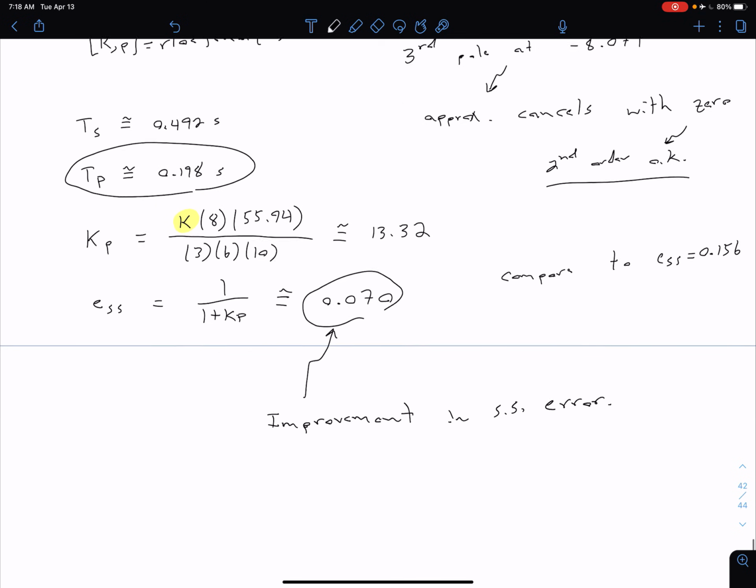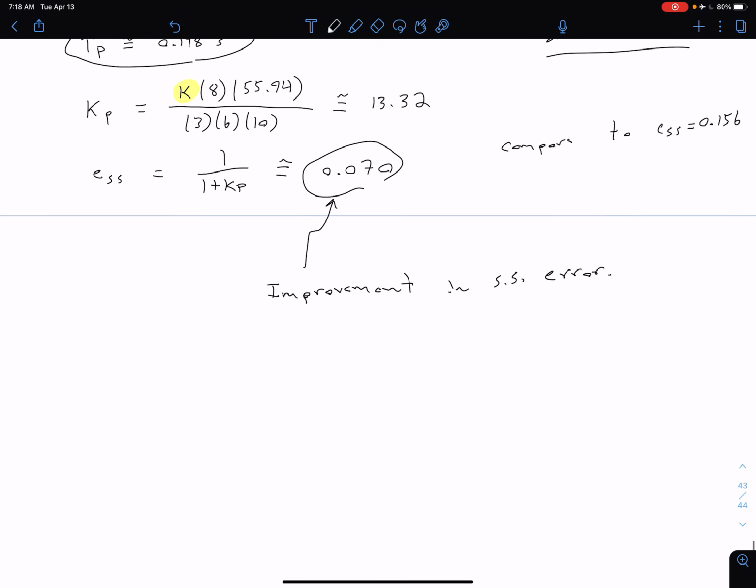So let's briefly talk about steps 3 and 4 to conclude this second video. Steps 3 and 4 in our general PID design process are to simulate and redesign if needed.